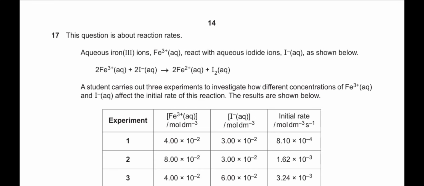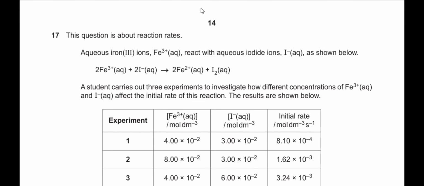This question is about reaction rates. Aqueous iron 3 ions, Fe3+ aqueous, react with aqueous iodide ions, I- aqueous, as shown below. So there is a redox reaction equation given there. You can see that Fe3+ ions are reduced to Fe2+ and iodide ions are oxidized to iodine.